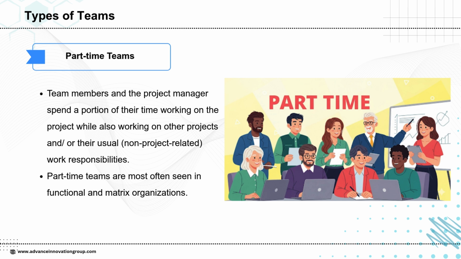The main advantage of part-time teams is flexibility, as employees can contribute to multiple areas. However, a major challenge is divided attention, which may slow down progress, create scheduling conflicts, or lead to lower priority for the project. Therefore, strong coordination and clear communication become critical when working with part-time teams.